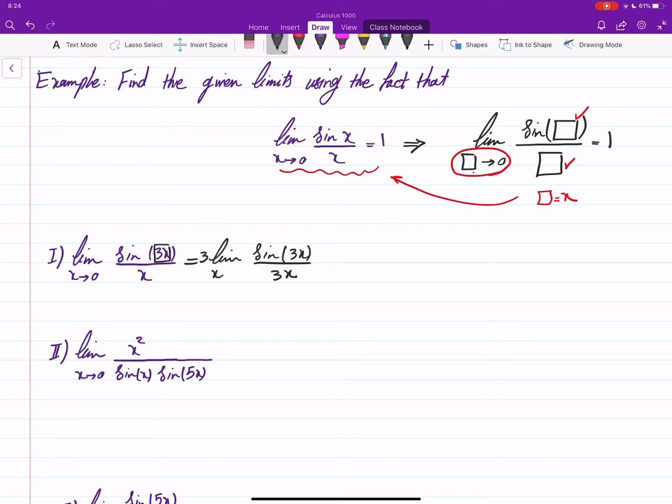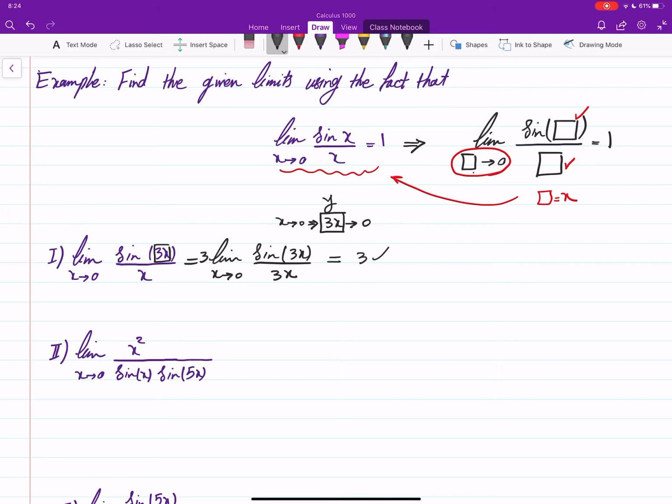So this x approaches 0. Now you see what is inside sine, the denominator has exactly the same thing. That's nice. One thing else that we have to check is that 3x also approaches 0. Well, yes, when x approaches 0, 3x is also approaching 0. So let's just call this our new variable, let's say y.